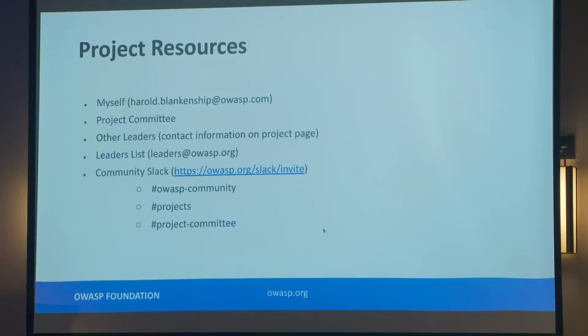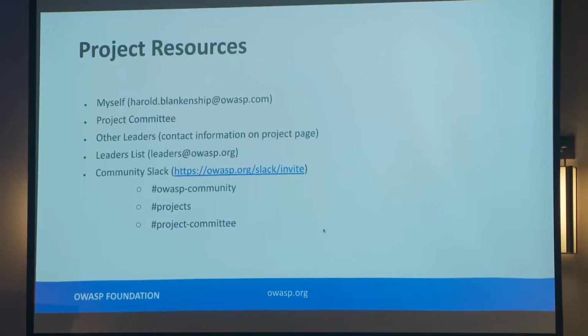Other leaders, another excellent place, not just the committee. You can find their contact information on their project page. It's required that they have contact information. The leaders list, we have a group, leaders@owasp.org. That is a Google group that you are free to join.